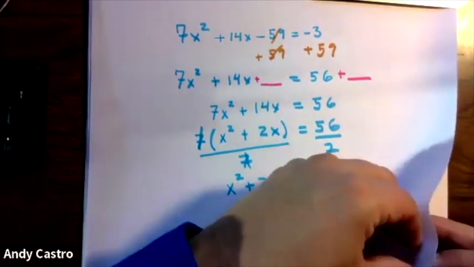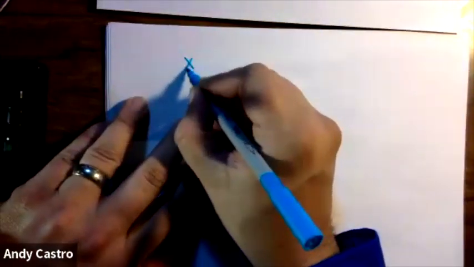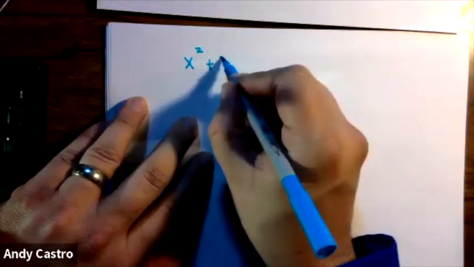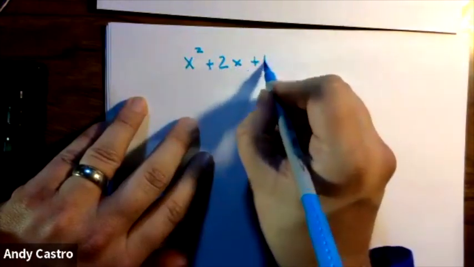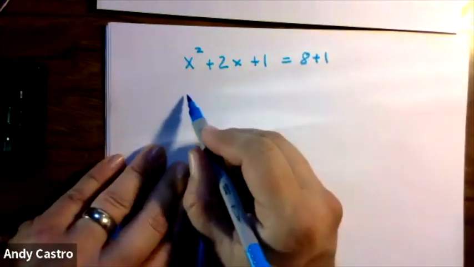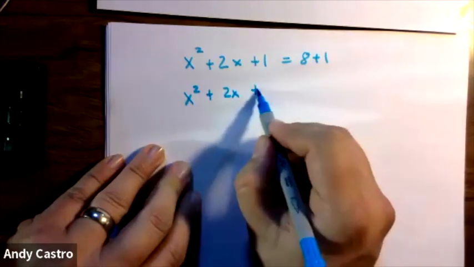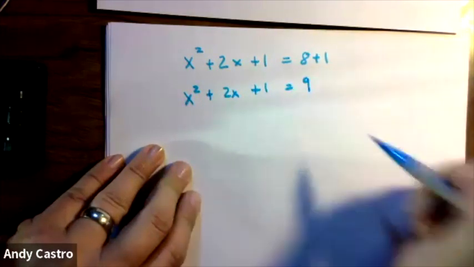All right, so I'll go ahead and move this up. You guys have a little bit clearer thing to look at. The last line on here was x squared plus 2x plus 1 is equal to 8 plus 1. So again, that's x squared plus 2x plus 1 equal to 9.